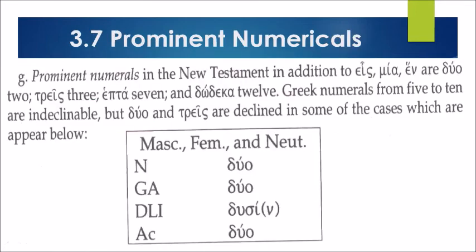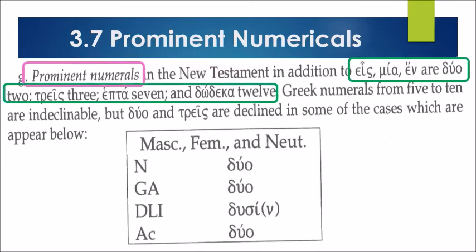Let's take a look at the prominent numerals. Prominent numerals in the New Testament, in addition to heis, mia, hen, which is one, are duo, two, treis, three, hepta, seven, and dōdeka, twelve. Greek numerals from five to ten are indeclinable, but duo and treis are declined in some cases, which appear below.